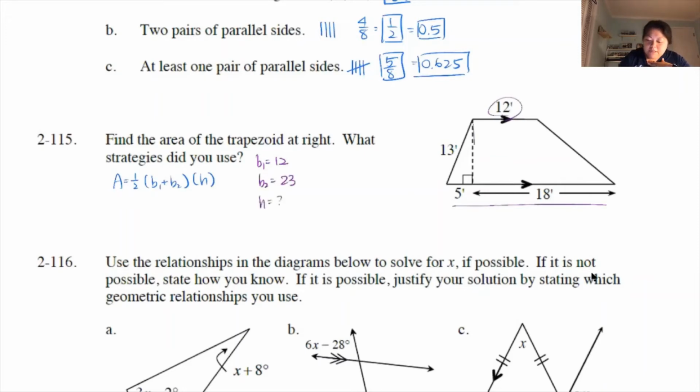What about my height? Well, height should be this line. The height must be perpendicular to both of the bases, so both the top and the bottom. So I need that height, but I don't have that length. Well, what can I do? I could take out this triangle right here and say, hey, that's a right triangle. Knowing that I have a 5 and a missing side and the hypotenuse of 13, I can use the Pythagorean Theorem to help me. So I'm going to call this height h.